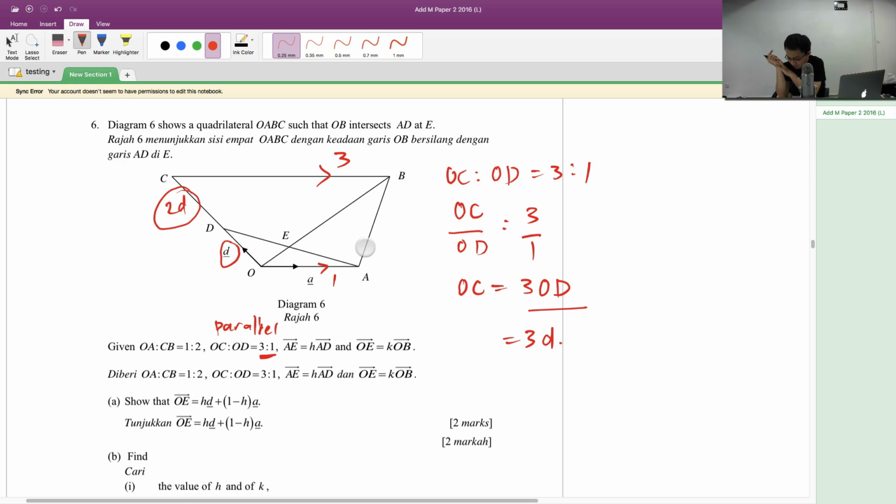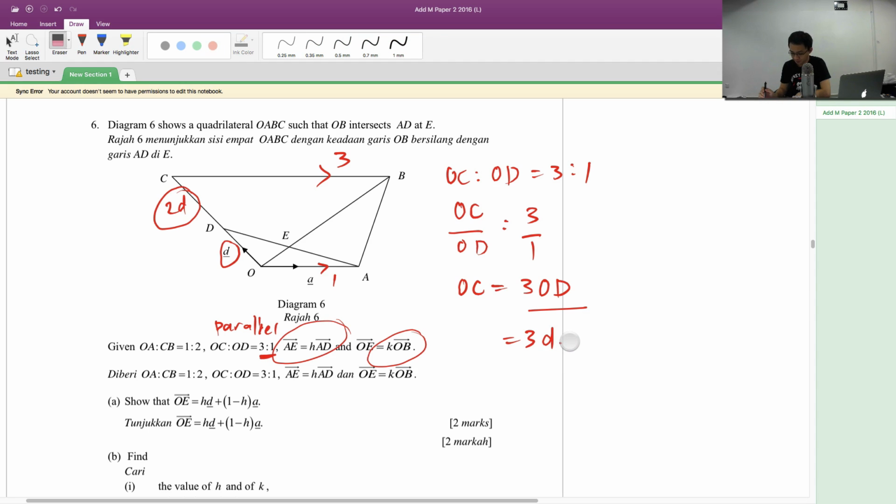HT plus 1 minus H. Yeah, I guess you want to get OE from this thing, but I'm not sure why they only give 2 marks over here.